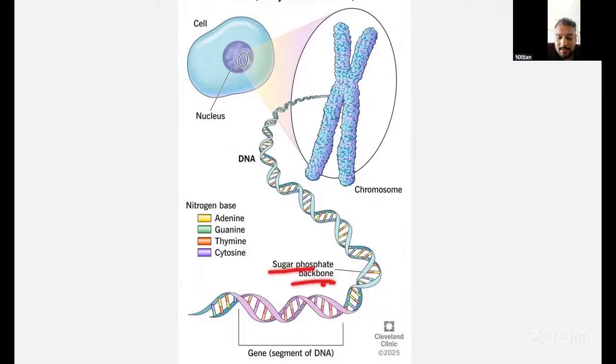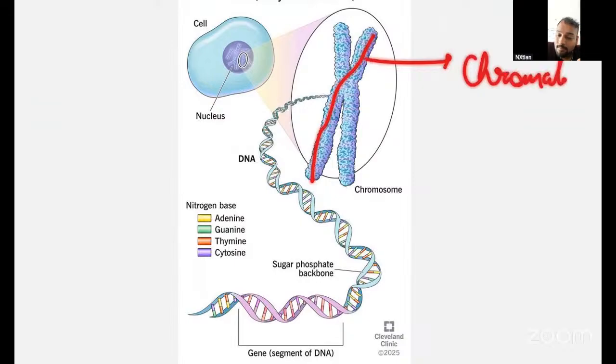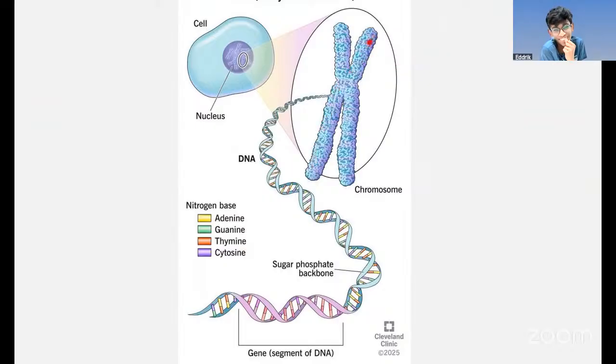The main thing is these bases: adenine, guanine, thymine, and cytosine. Now this DNA will condense itself to form a chromosome, and one strand is called a chromatid.